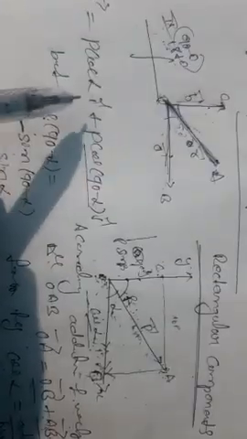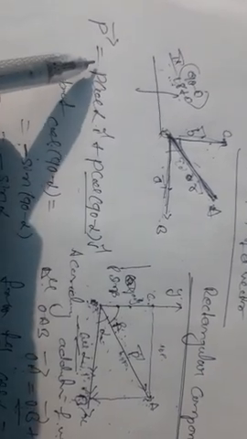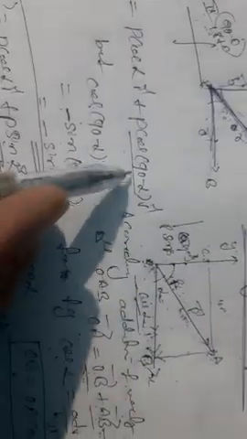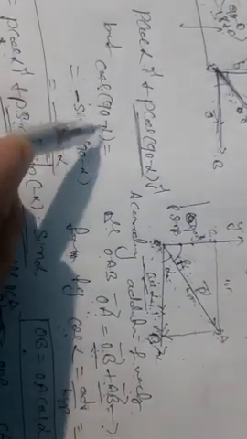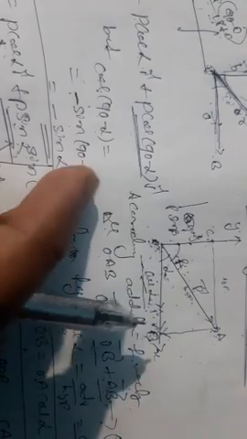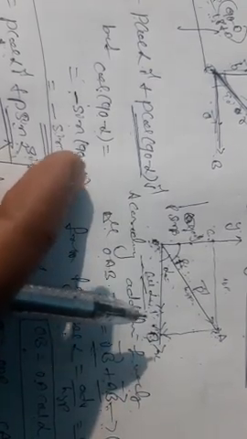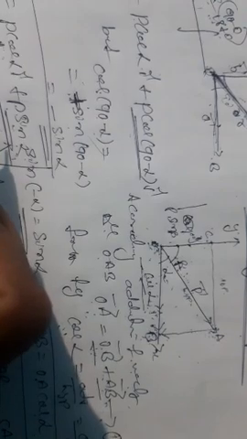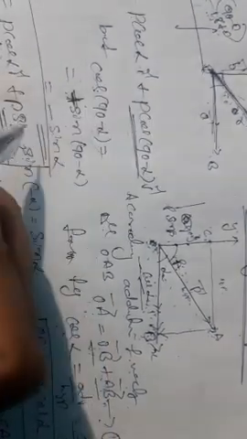Then P cos alpha i cap, P cos beta where beta is 90 minus alpha, j cap. Find the value of cos 90 minus alpha. The trigonometric ratios change to co-ratios: cos is changed to sin.